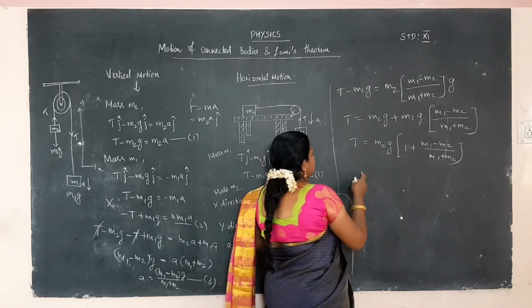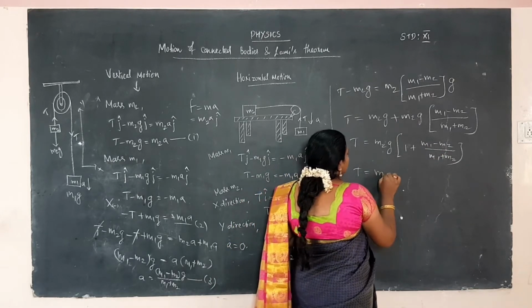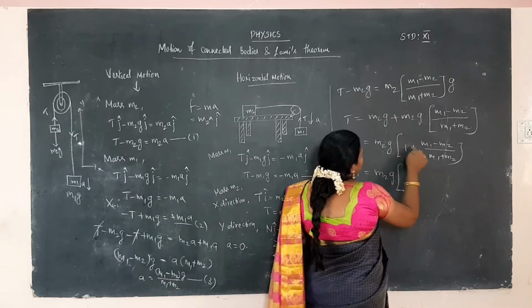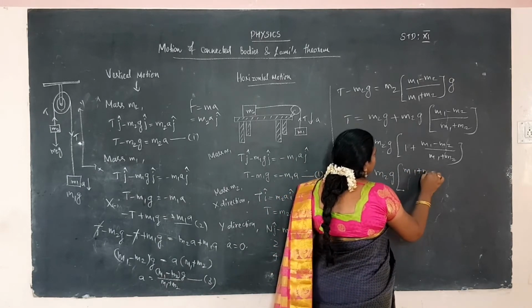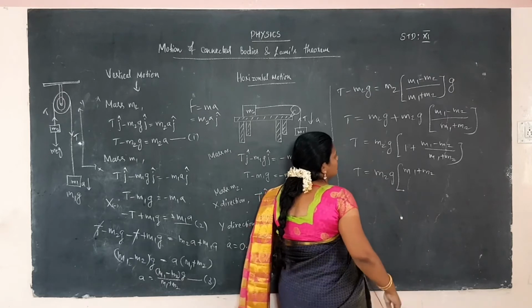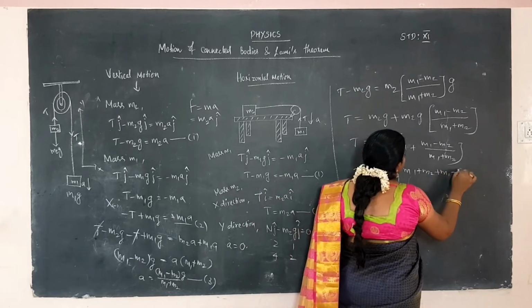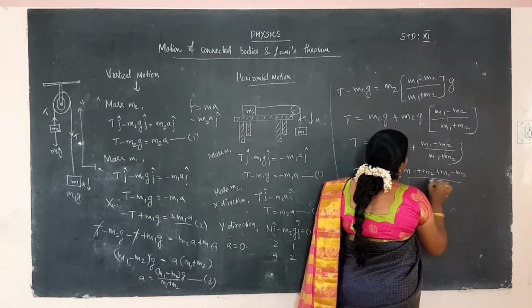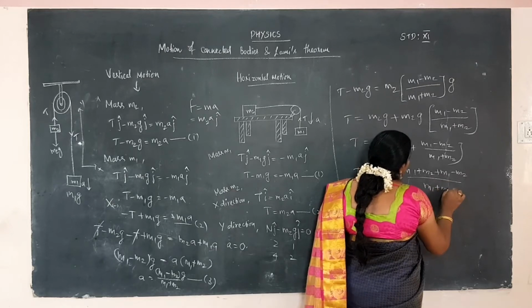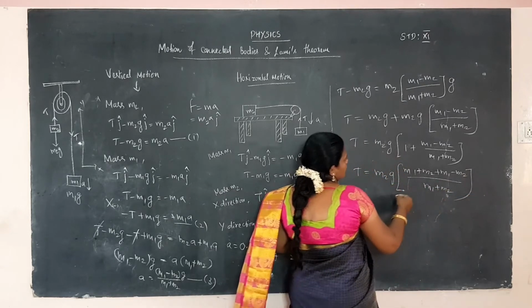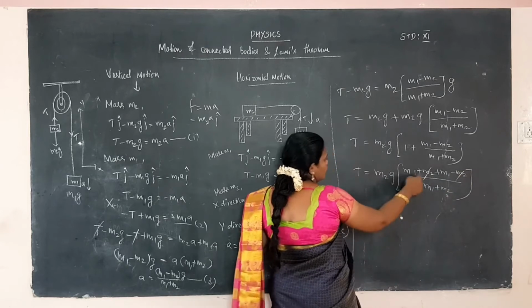Now taking the LCM, m2g into m1 plus m2 plus m1 minus m2 by m1 plus m2. Okay, m2 and m2 cancel, giving 2 m1.